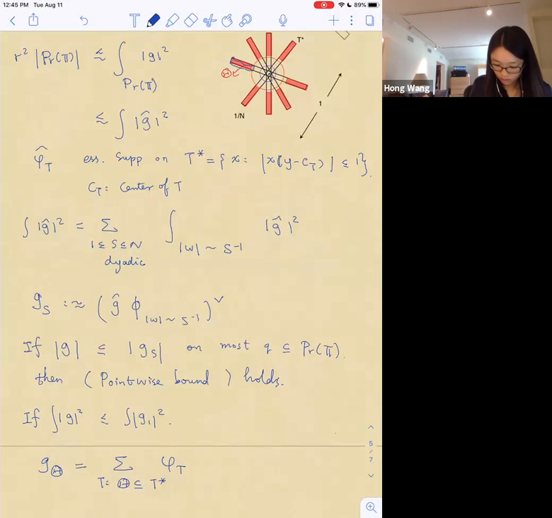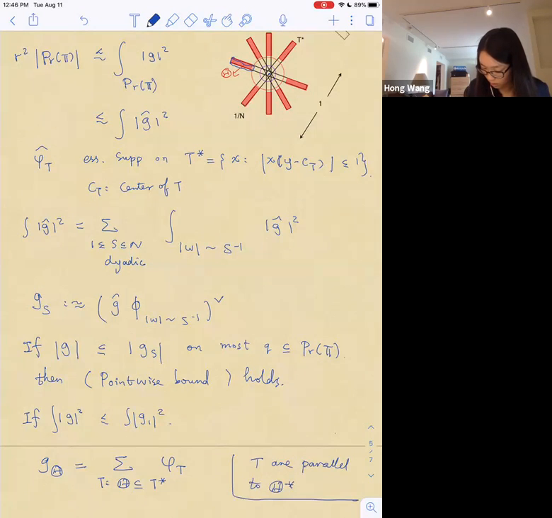Then when we look at the G theta, all the T in this summation are parallel to theta dual. Well, theta dual is the dual convex of theta, with the dual having the same definition here.